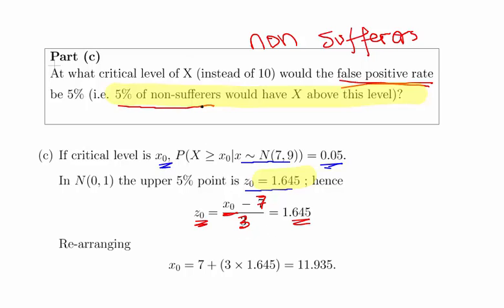So we rearrange this expression algebraically to isolate x or x0. The 0 is just to specify it as a particular value of x. When we rearrange that, we work it out as 11.935. So essentially only 5% of non-sufferers have some blood factor level in excess of 11.935.